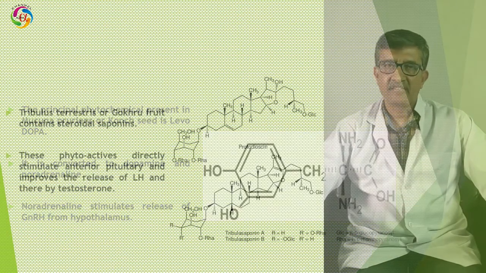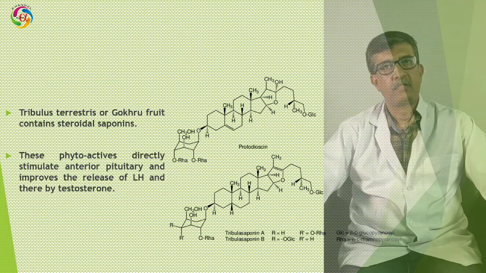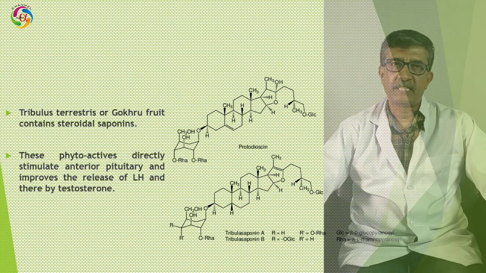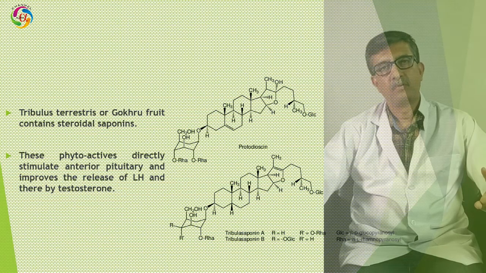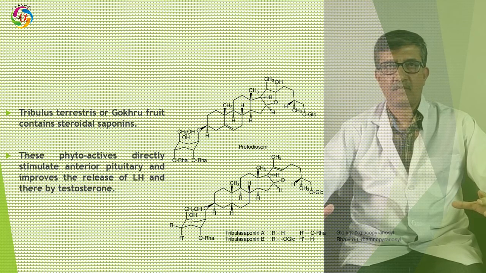gland. The second component of Fertimax is Tribulus terrestris fruit or gokru fruit. If we see in the slide, the active principle of Tribulus terrestris or gokru fruit is different steroidal saponins.